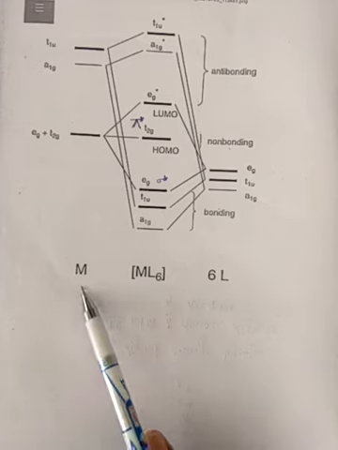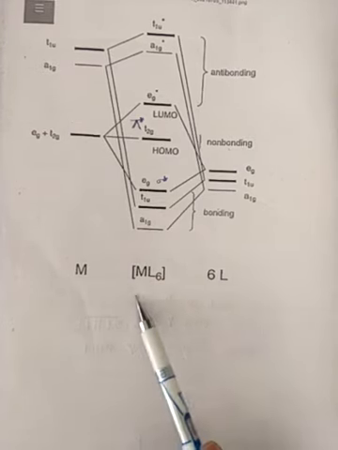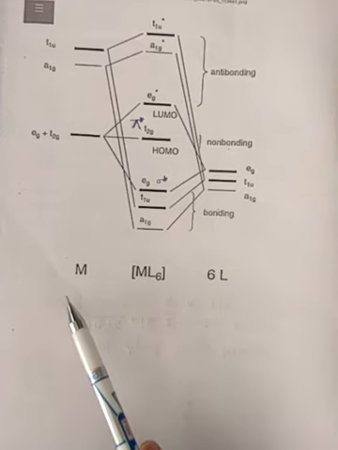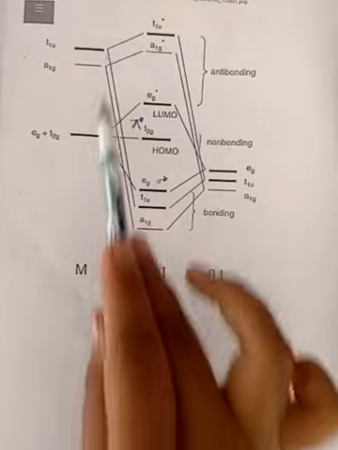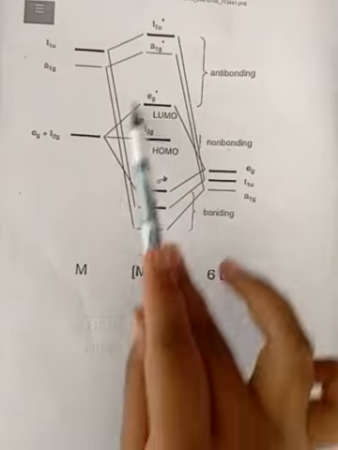Here we take the metal ligand complex ML6, six ligands separated out, and the metal separated out. These are in the form of metals, these are in the form of ligands, and the remaining are the splittings. These are molecular orbital energy.